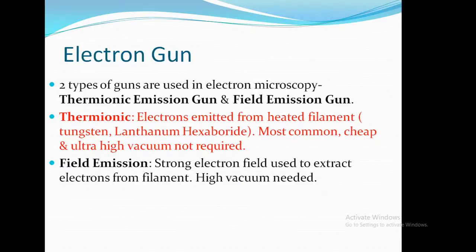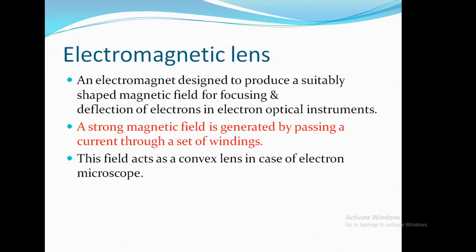The second gun is the field emission gun. It needs a strong electric field, which is used to extract electrons from the filament. Here a high vacuum is needed. Another part is the electromagnetic lens of the electron microscope. The electromagnet is designed to produce a suitably shaped magnetic field for focusing and deflection of electrons in the electron optical instrument.